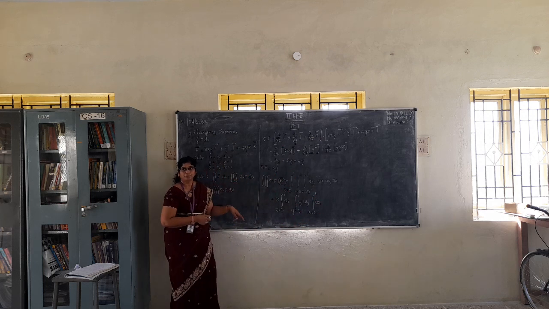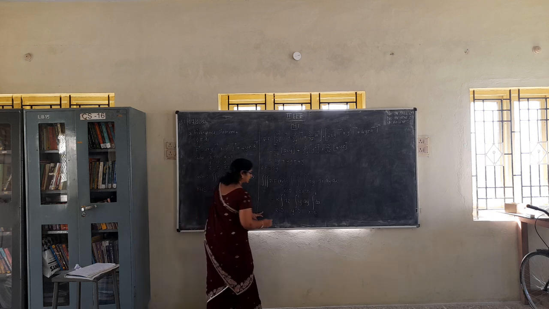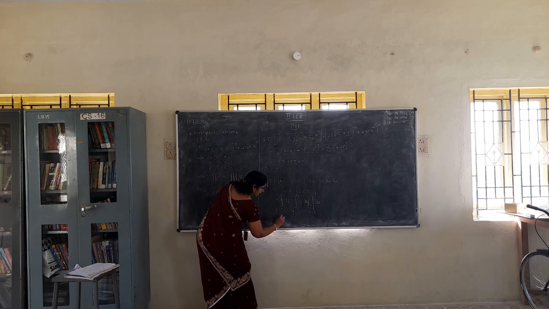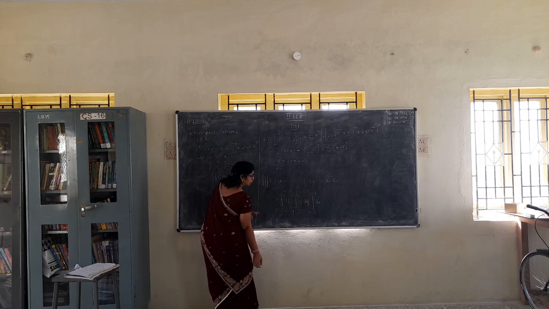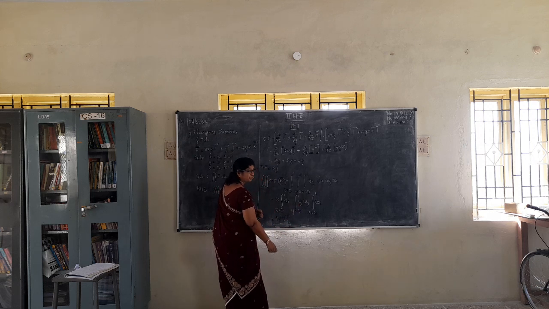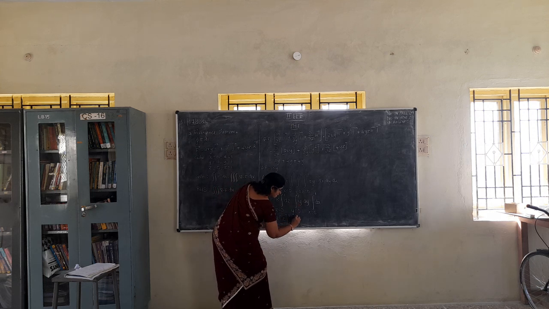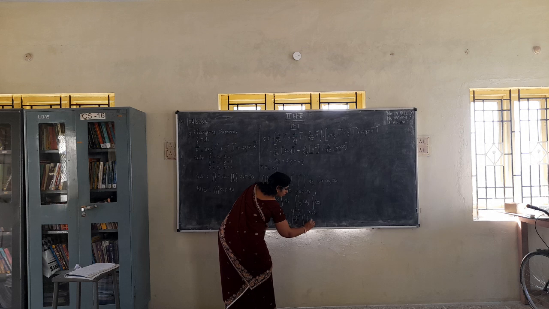Correct? Splitting the terms, apply 8 into the z limit values from 0 to 1, y square by 2 with limits 0 to 1, and the third, x from 0 to 1.